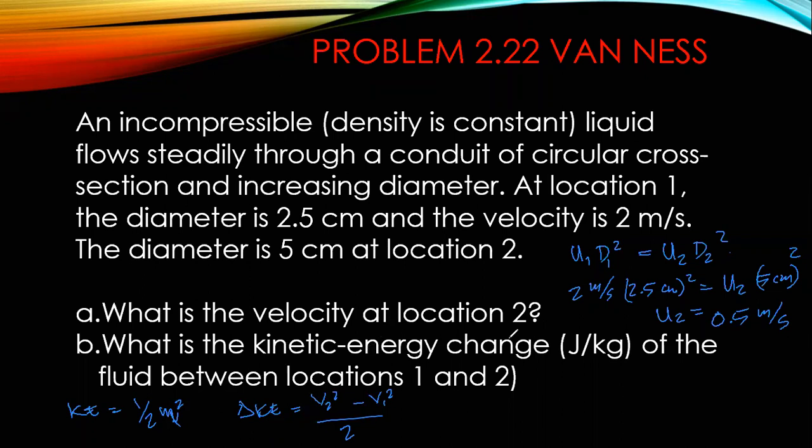So, pag sinubstitute nyo dito yung velocity, v2 is yung kanina, itong 0.5 meter per second, tapos squared nyo. Yung initial velocity natin ay 2.